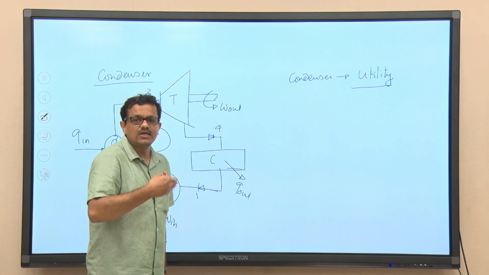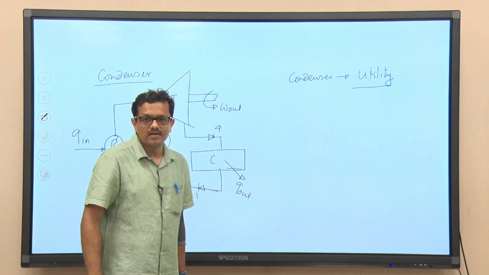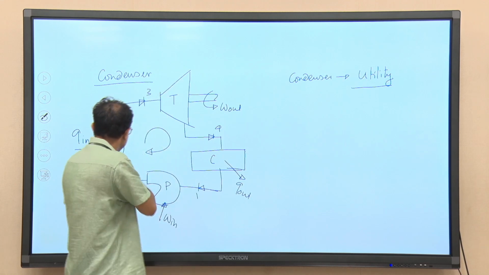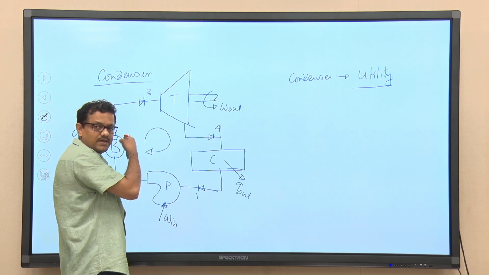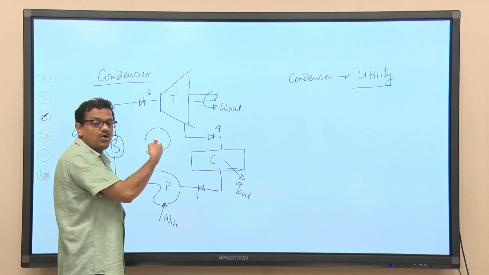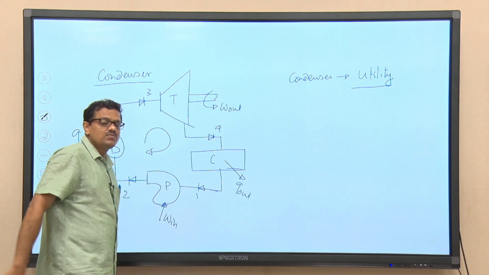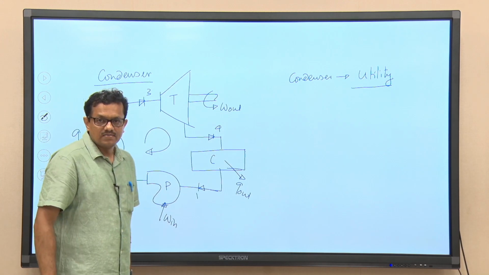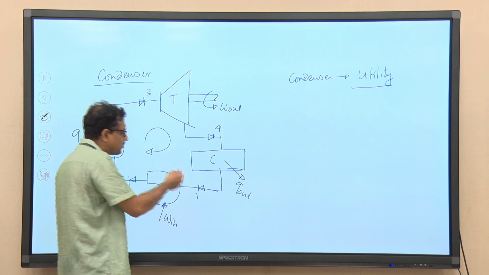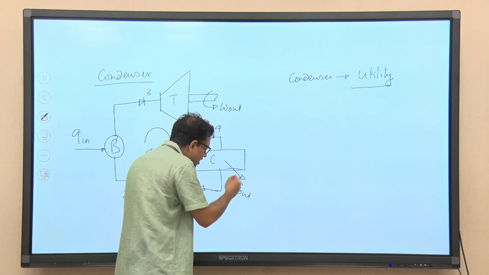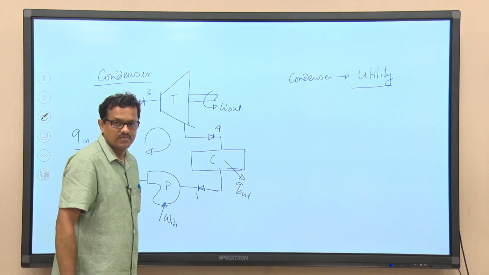So, why do we need to have this particular equipment, knowing fully that the input energy is coming by burning coal or by burning diesel? At the cost of that input energy, why do we need to have this amount of heat rejection?